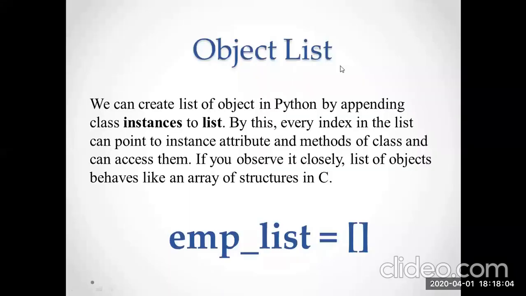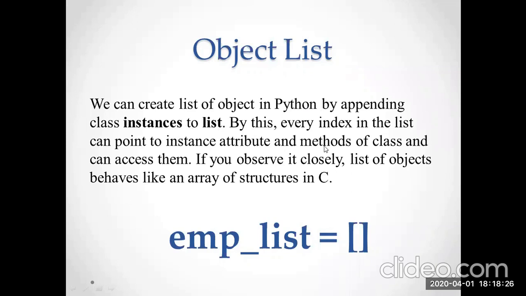In our program, we are going to make a list of objects. So far, we have seen simple lists of numbers and strings. Here in our program, we are going to create a list of objects. Python allows us to create a list of objects. We can create a list of objects in Python by appending class instances to a list.